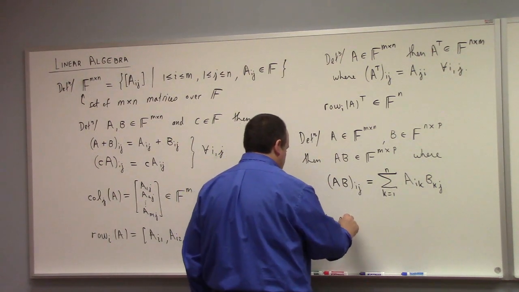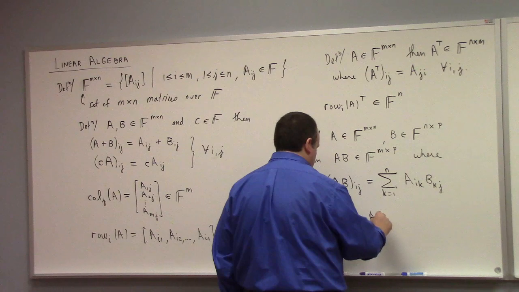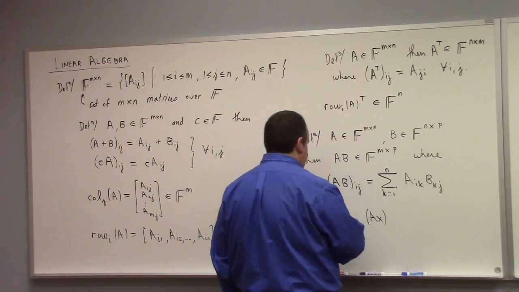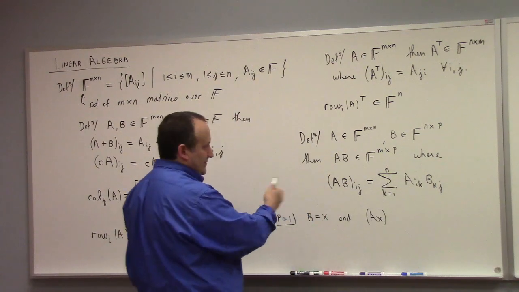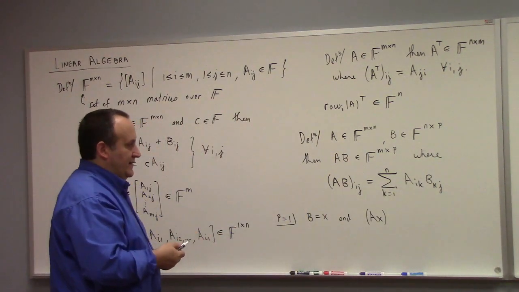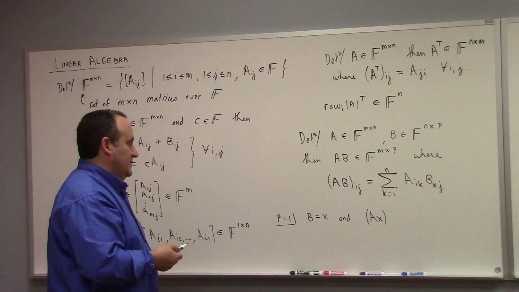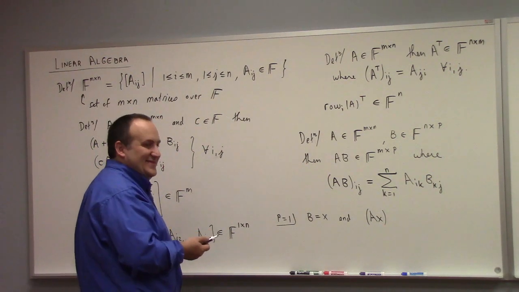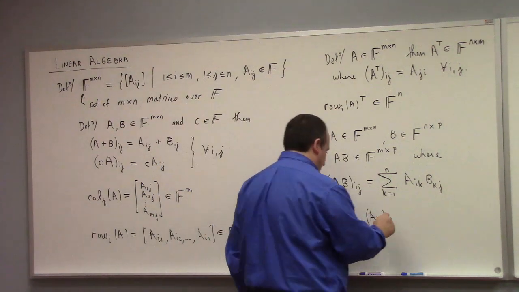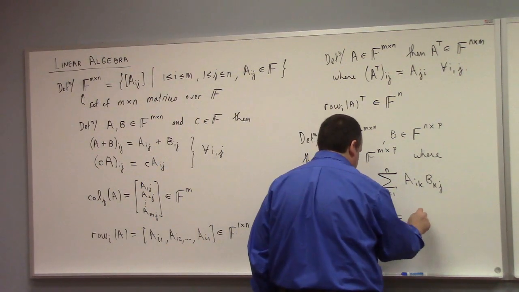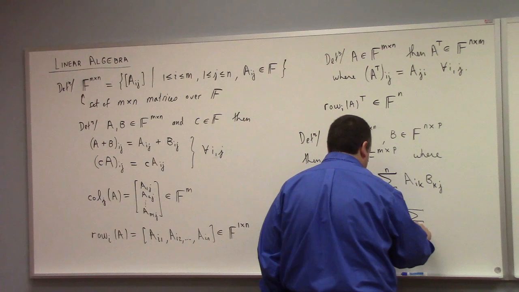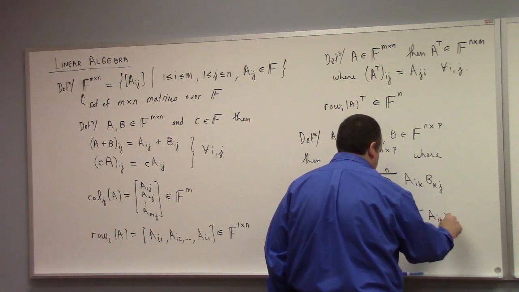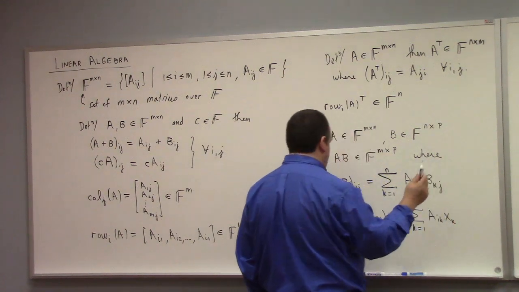And so if you have Ax, there is no j index in this context because there's just one column. So we just say i, and that's equal to the sum from k equals 1 to n of a_ik x_k, and that's it.